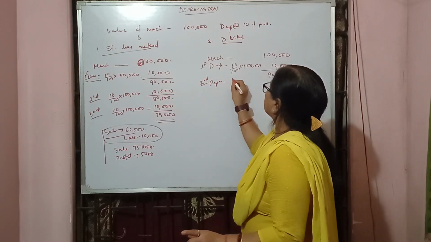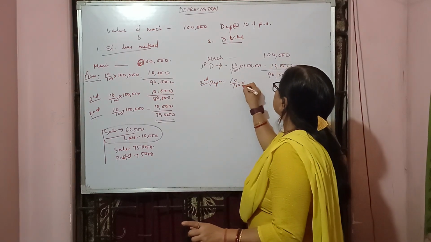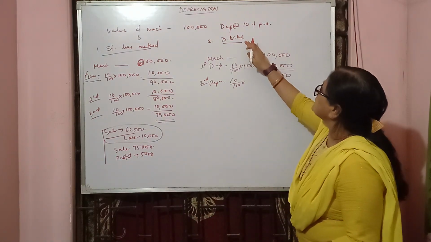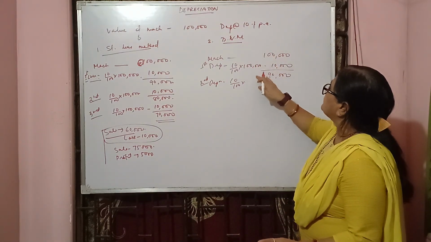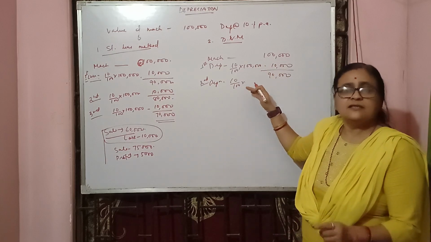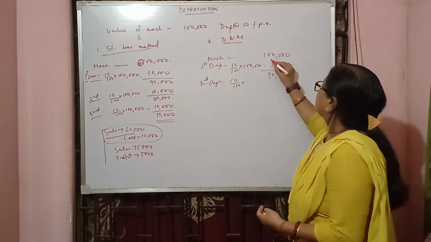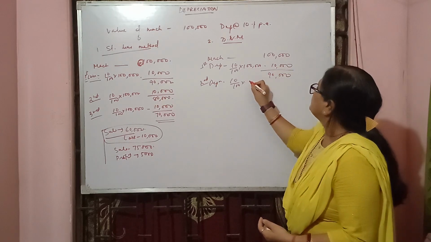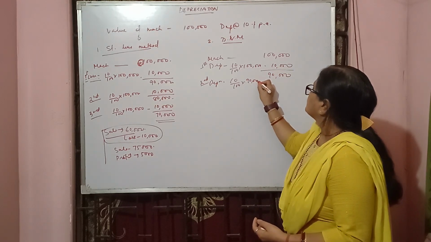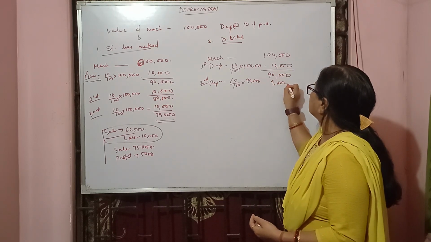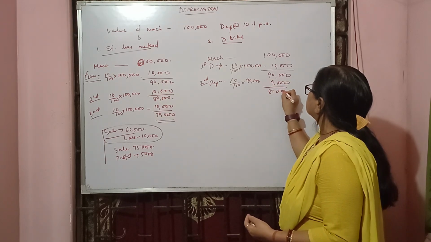Second year depreciation will be 10 by 100 into 90,000. Diminishing value method or written down method means the value is diminishing, the value is reducing. So 10,000 is reduced, now on 90,000 you will show. So the amount will be 9,000. Fine. Now 81,000 is the balance.